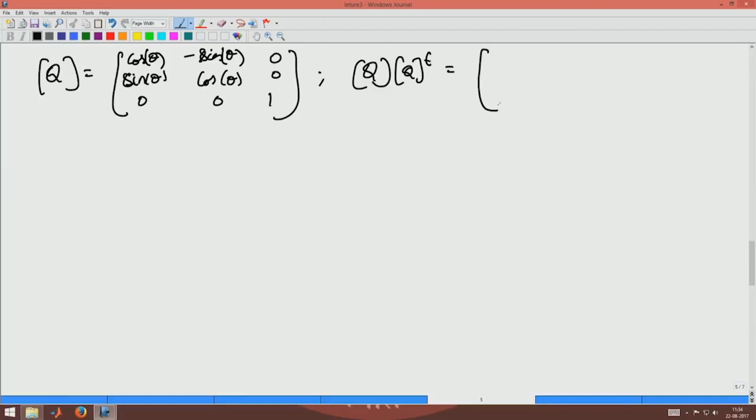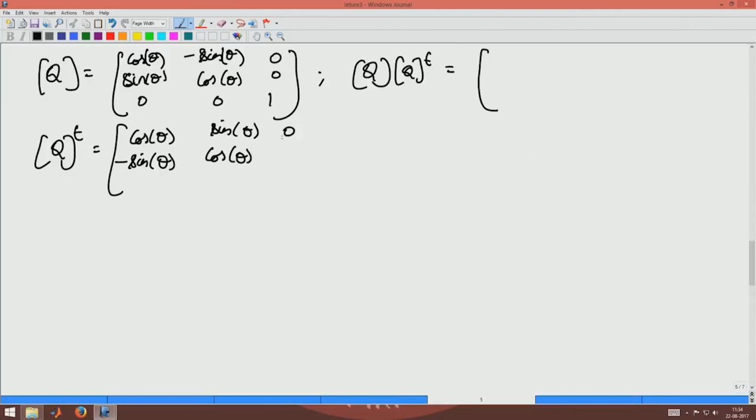If Q is that, Q transpose would be cos theta, sin theta, 0; minus sin theta, cos theta, 0; 0 0 1, and if I multiply these, it is going to be cos squared theta plus sin squared theta, 0, 0; 0, again cos squared theta plus sin squared theta, 0; 0 0 1.